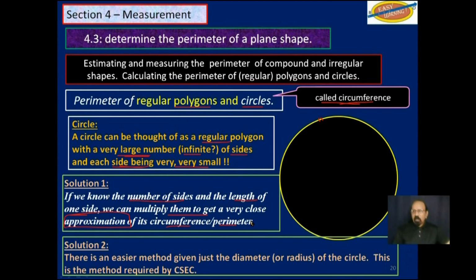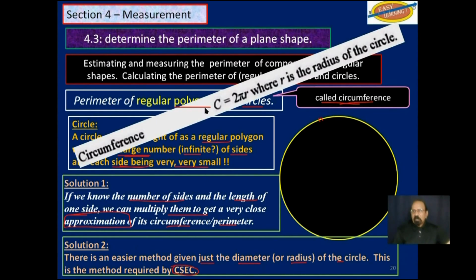There is an easier method if you are given just the diameter or the radius of the circle. This is the method required by CSEC, and they give you a formula for that that will be on the formula sheet. You don't have to memorize this.